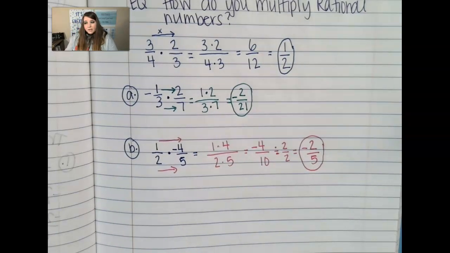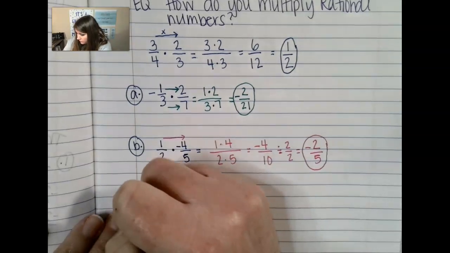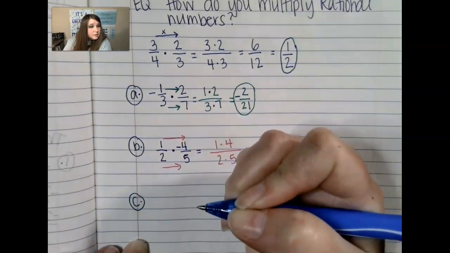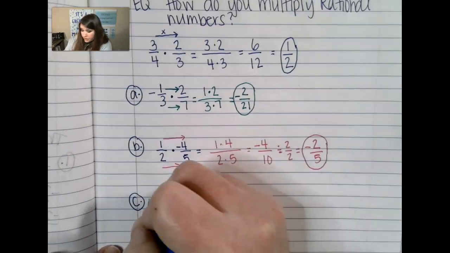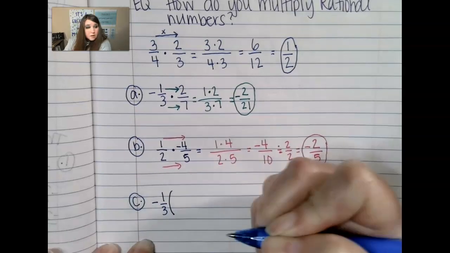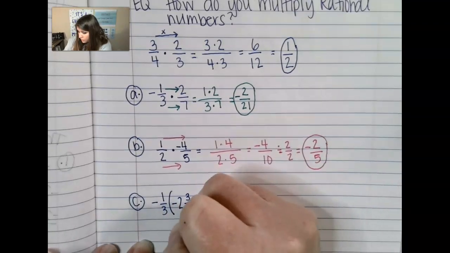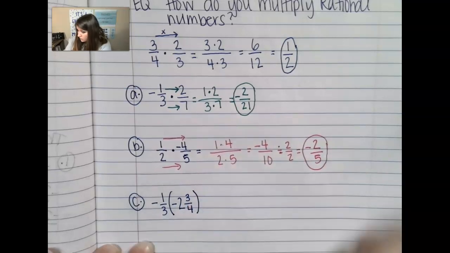Okay, now let's look at another example, but this time I want to have some mixed numbers in there so that we can remember how to do our mixed numbers. Okay, so example C. Example C says that we have negative 1/3 times negative 2 3/4.